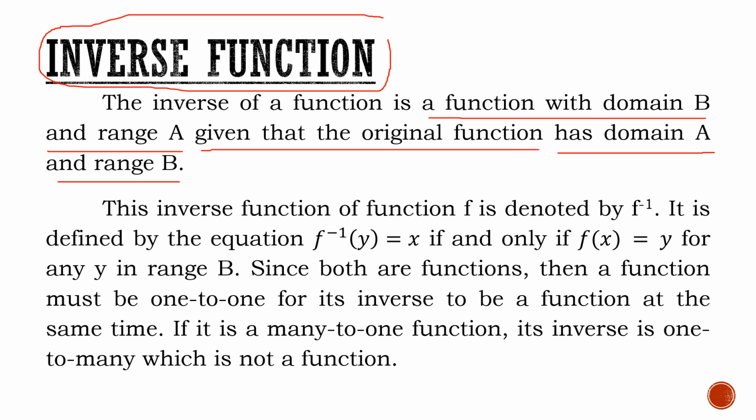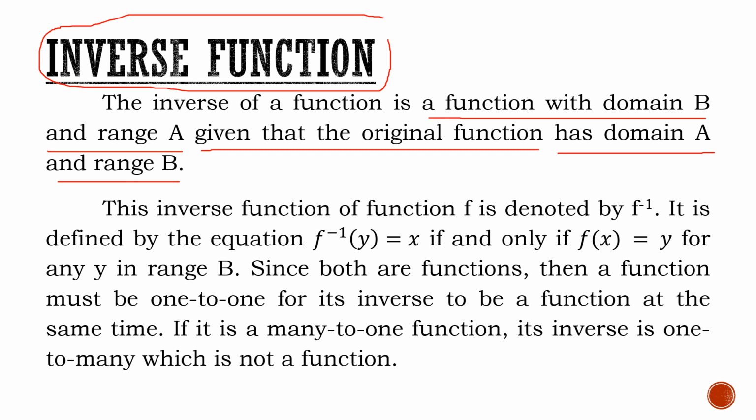Whatever your domain in the original function, that will be your range in your inverse function. Whatever your range in your original function, that will be your domain in your inverse function. So that's how simple it is on how we define your inverse function. Simply, there is a swapping of values between your domain and your range.